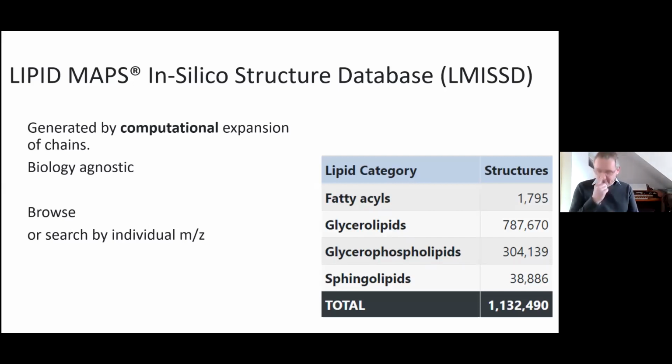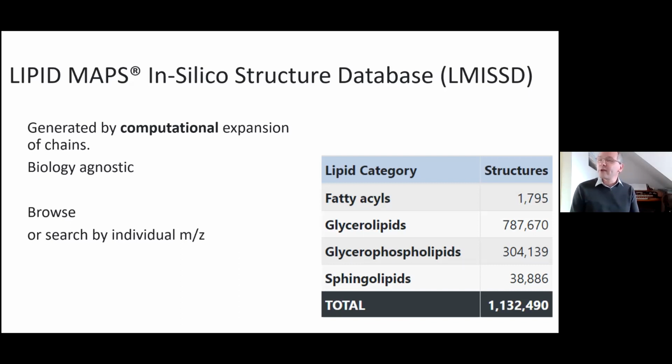But it gives you a very large number of possible molecules that are chemically possible, if not biologically possible. And you can either browse the whole list or search by an individual mass over charge ratio.